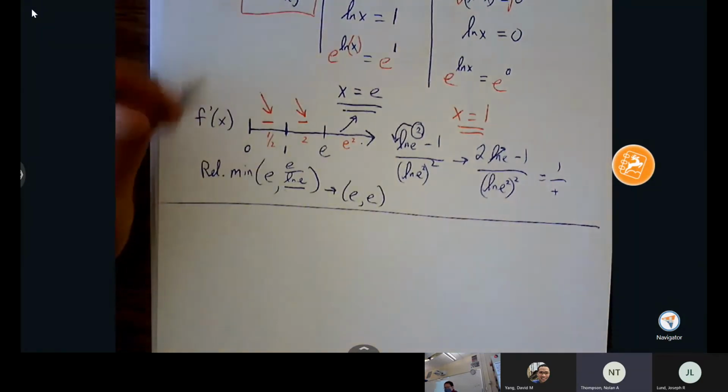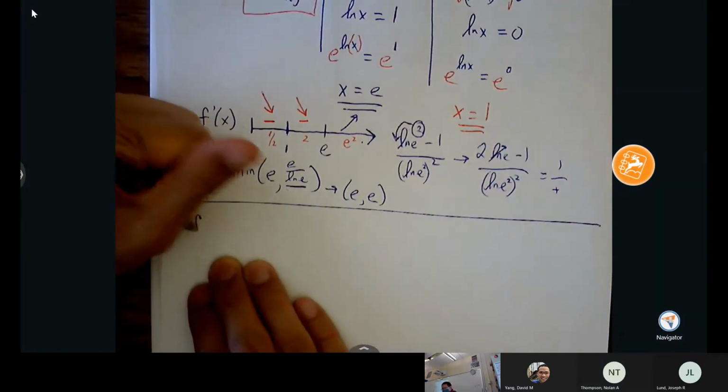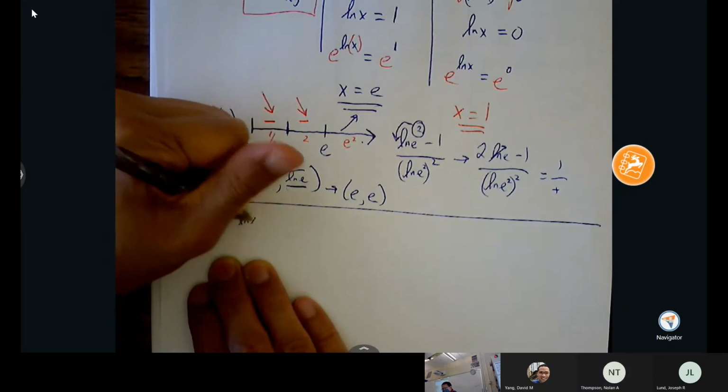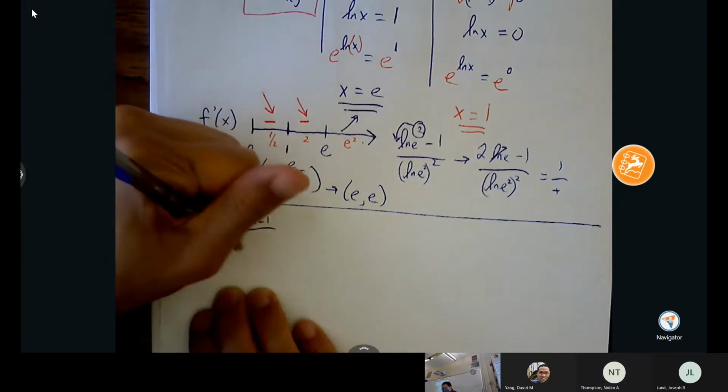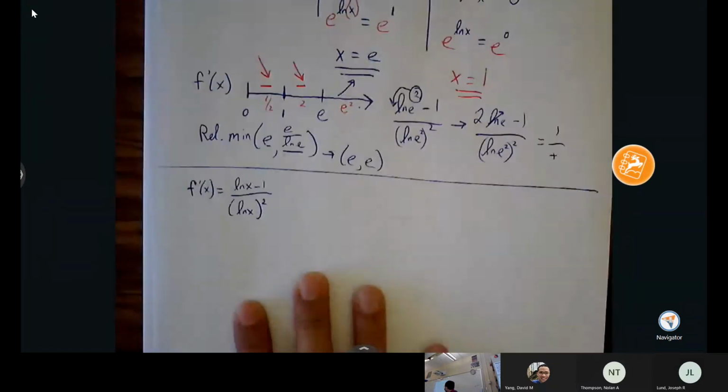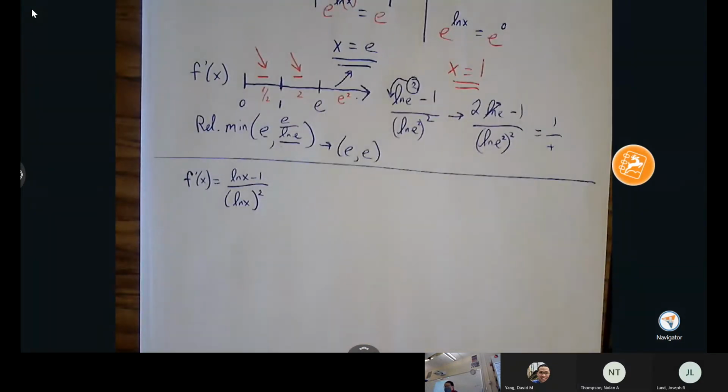Okay, so we have f prime. Let's move on to f double prime. So if I want to find the second derivative, what do we have to involve here? We make f of x equals 0.